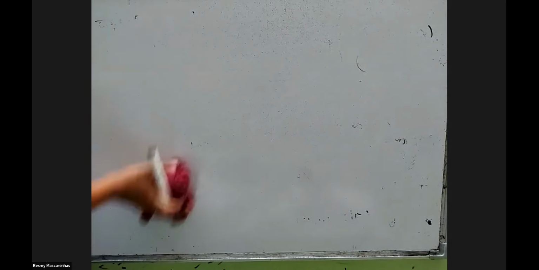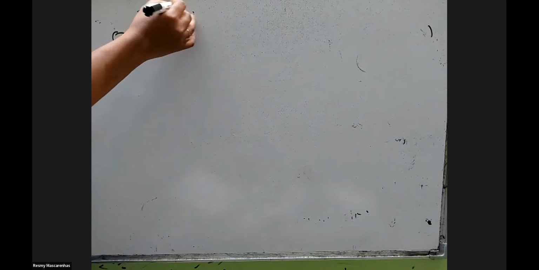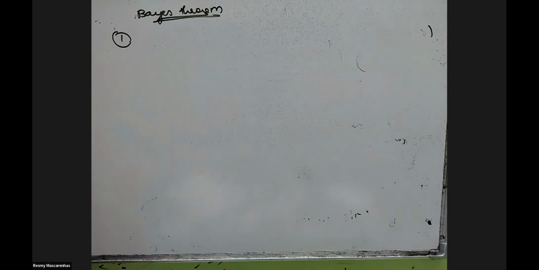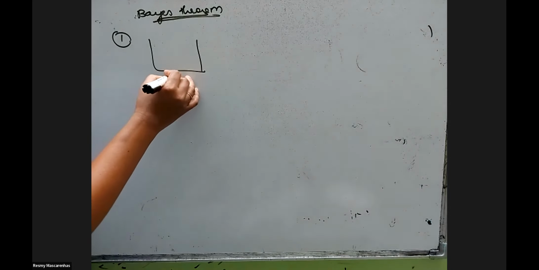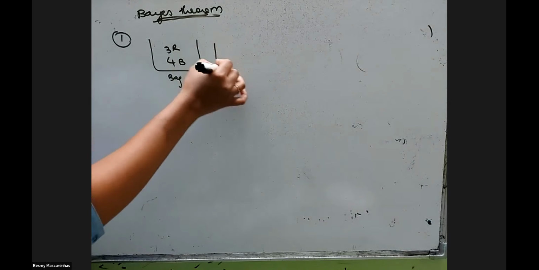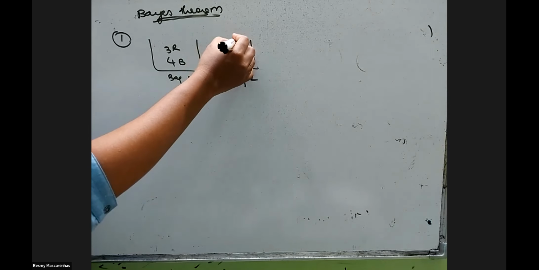So the same problem, we will start with the first one now. These are all Bayes theorem problems. First one, what data has been given? Bag 1 has 3 red, 4 black. Bag 2 has 5 red, 6 black.